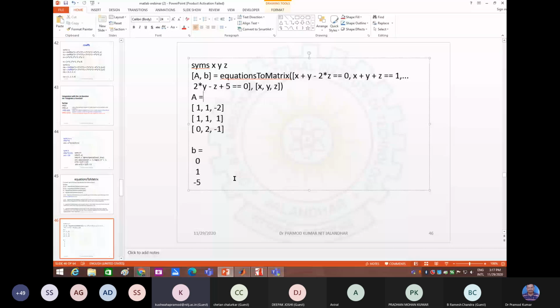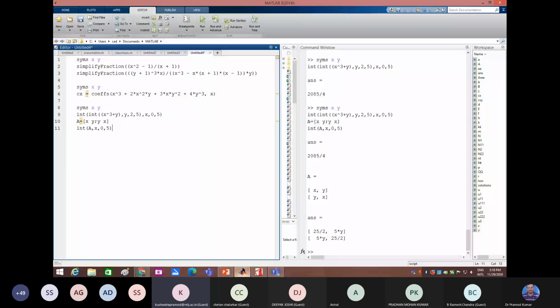Here we can solve this equation and find out the x and y. You can do like this. Let us first go to that portion. Any equation you can take, but it must be a linear equation. That is the condition here. Paste here, and now we'll run.